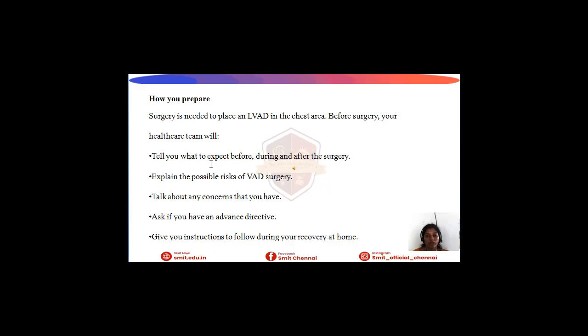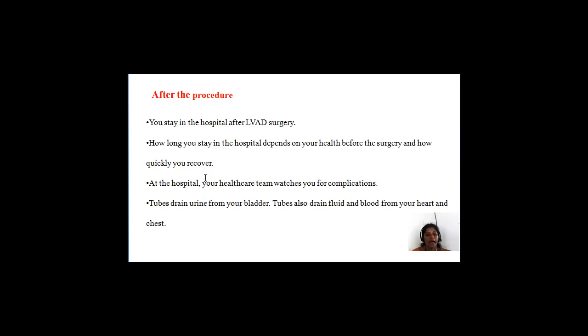All will be given by the surgeon. After the procedure, we have to stay in the hospital for observation. During the observation, the surgeon will observe whether our heart is functioning properly, our urinary tubes are working properly, and our bladder is cleaning in cycle. Everything the surgeon will observe.